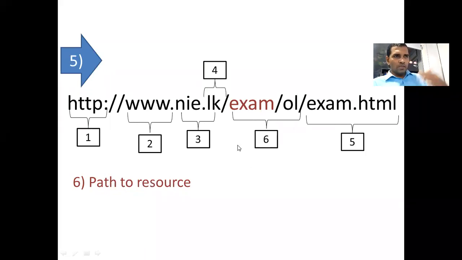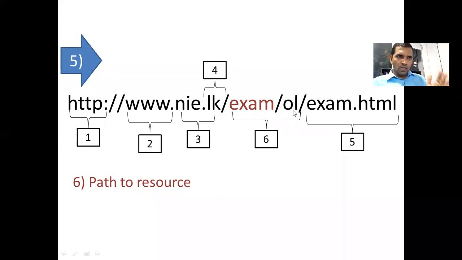Okay, let me take one more. So here HTTP is the protocol, www is a service or World Wide Web. Third, ni.lk, that's the domain name. Fourth, top level domain name, TLD. Number 5, again a web page name, resource name. Here number 6, look here, exam/OL. Both of them are folders.